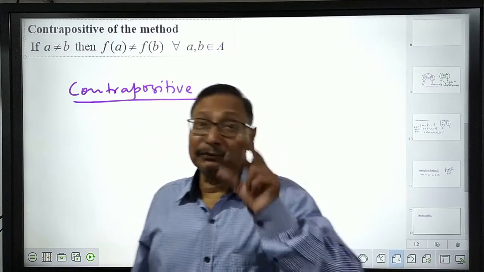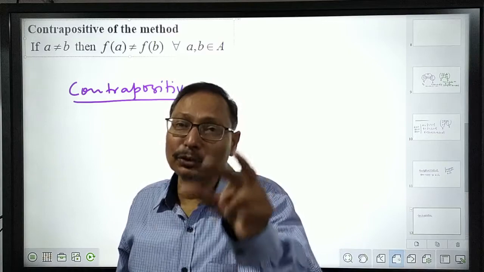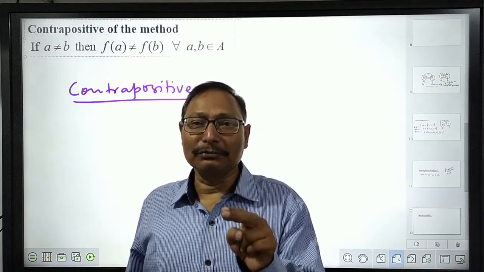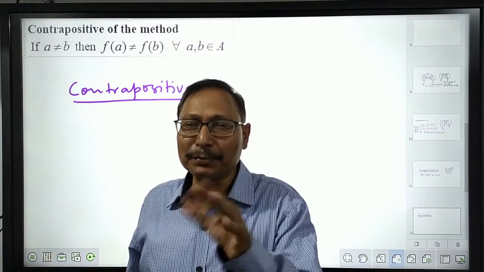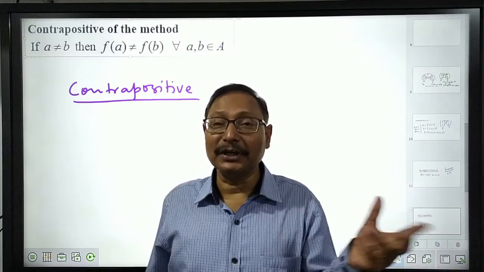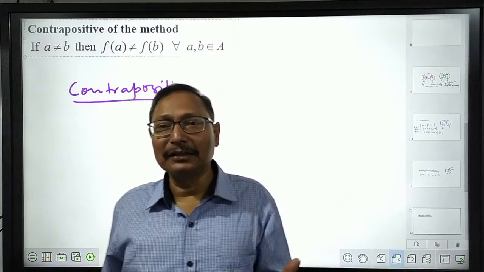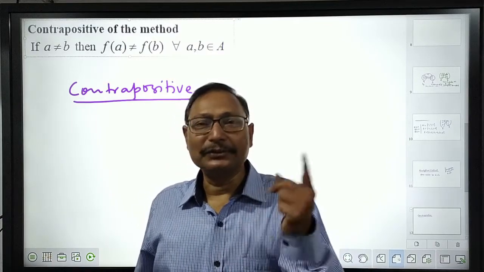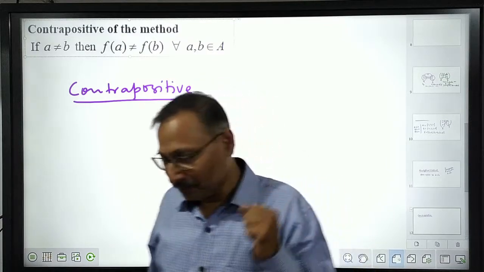And if we want to know the images of those different elements, and we come to the conclusion that their respective images are different, then we conclude that for different elements we are having different images. That means this function is injective.